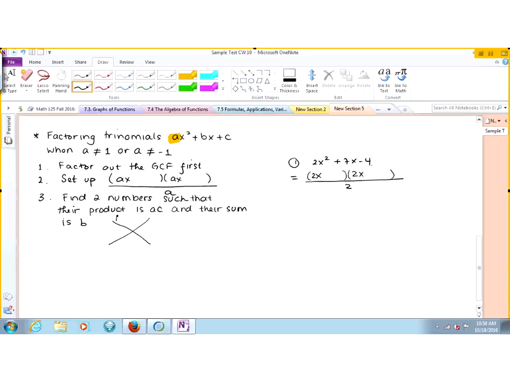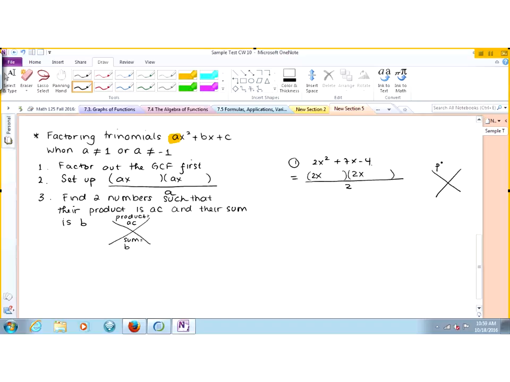And my students teach me if I do it this way, it's easier. So the product is AC, and the sum here is B. You don't have to do this cross, okay? But I'm just saying that if you write it like that, it would be easier, yeah?